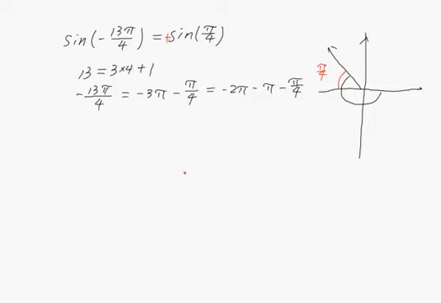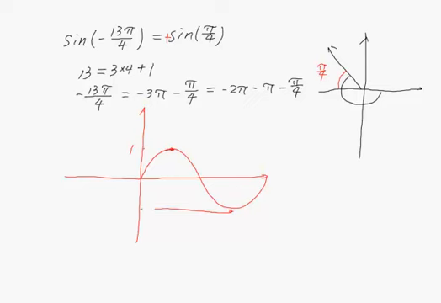Another question is about the amplitude. So when we draw the graph of a sine function, right? We know the maximum of this sine function is 1 and the minimum is negative 1.